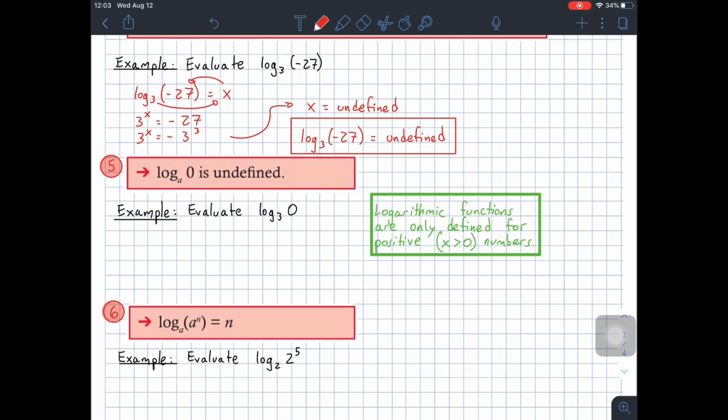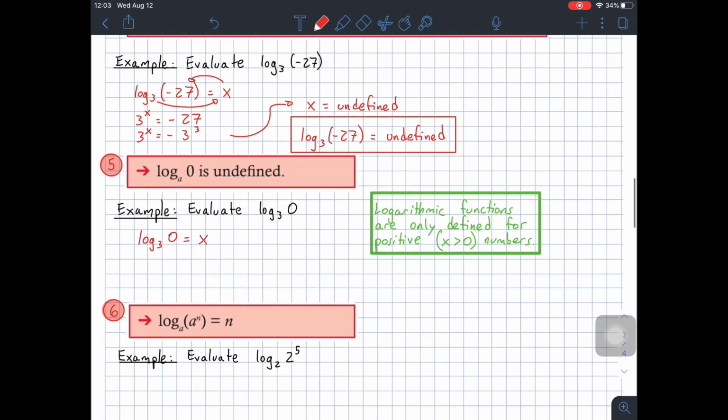If I want to evaluate, we're doing the same thing. Log base 3 of 0 is equal to x, right? So 3 to the power of x should be equal to 0. Now, there's no way I can convert 0 to 3 to the power of something, because we know that 3 to the power of 0 is 1, it's not 0.